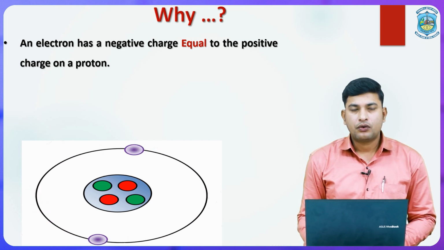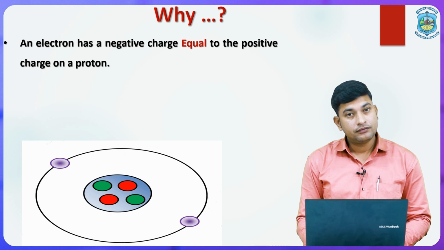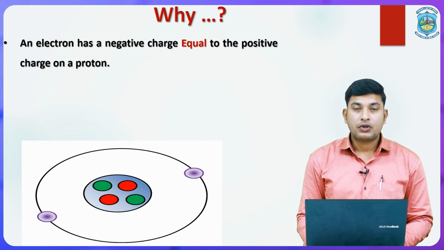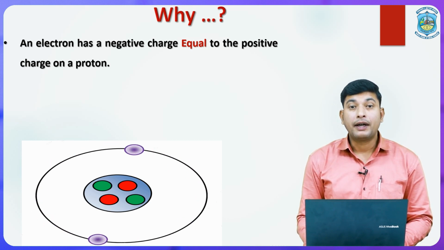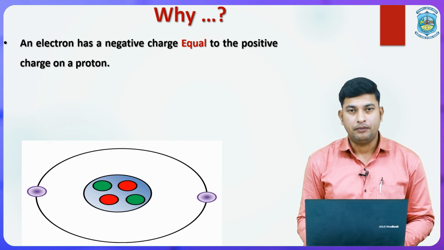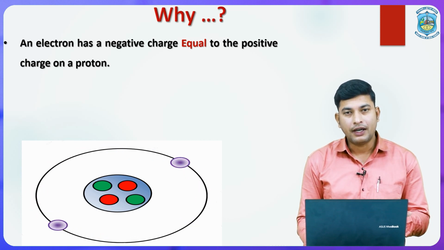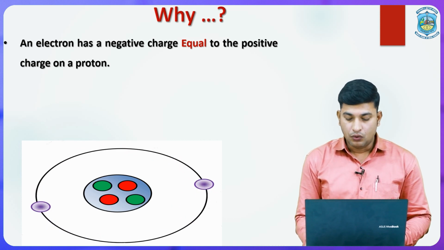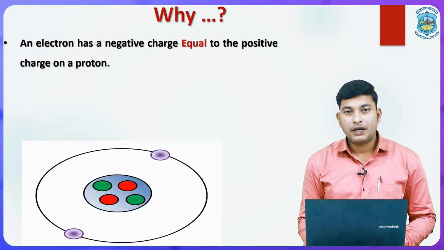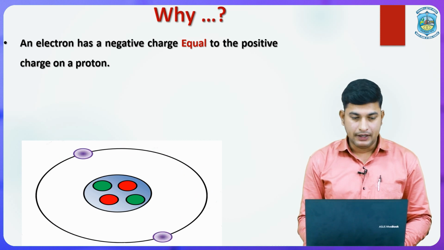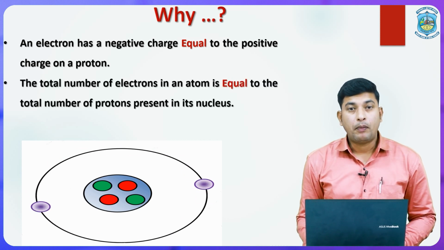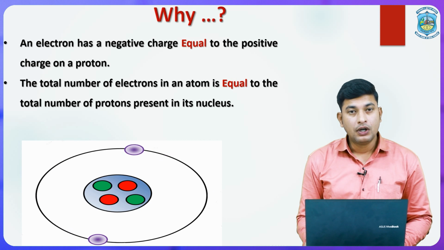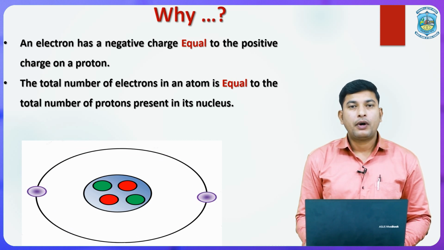As we all know, electrons have a negative charge and protons have a positive charge, but the magnitude of charge is equal for both. Whatever the amount of charge on an electron, it is equal to the positive charge of a proton. Also, the number of electrons is equal to the number of protons.